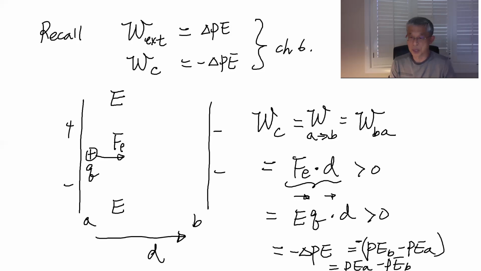You can see PEA is larger than PEB, like we talked about before. So here is high electric potential energy for the positive charge, and when it comes to this side, the potential energy drops. Okay, I'm going to clear that.